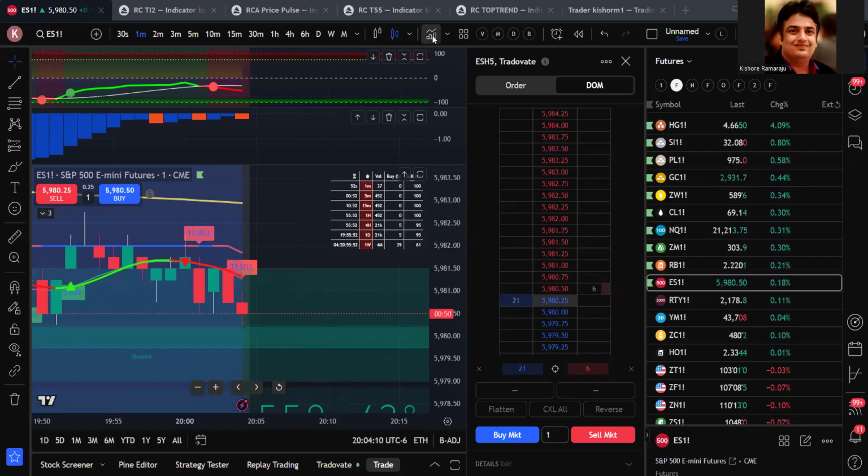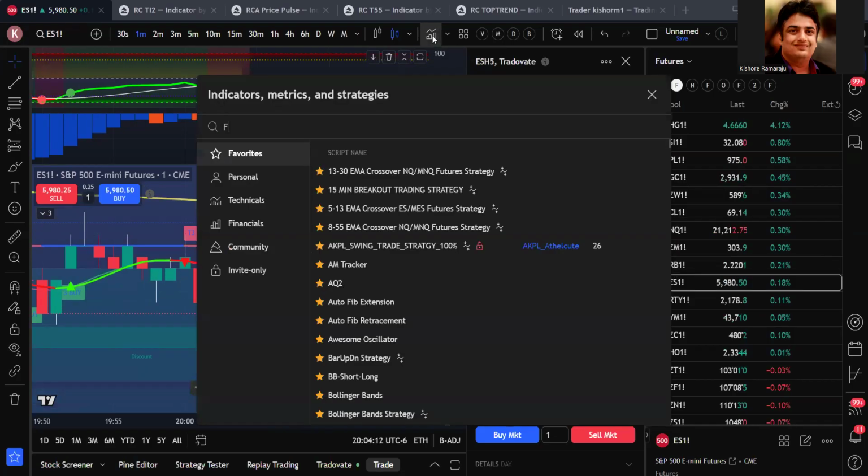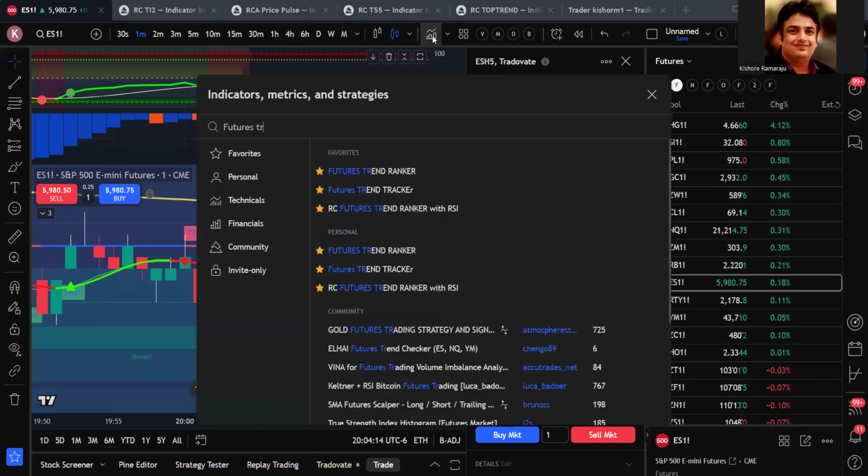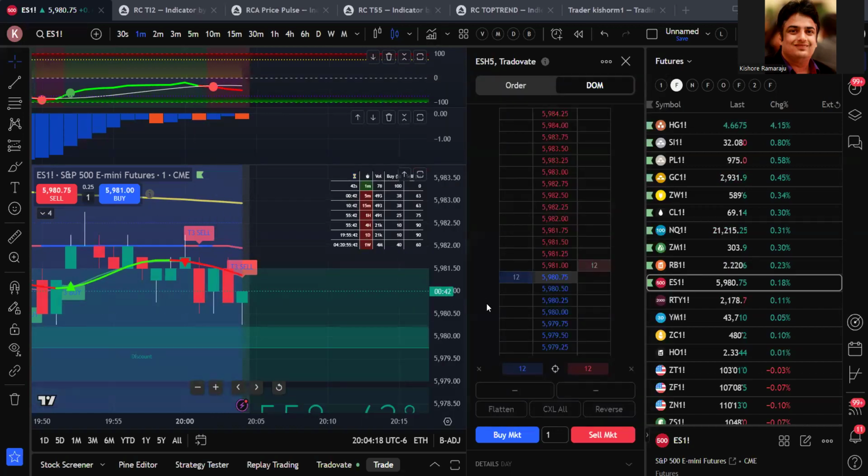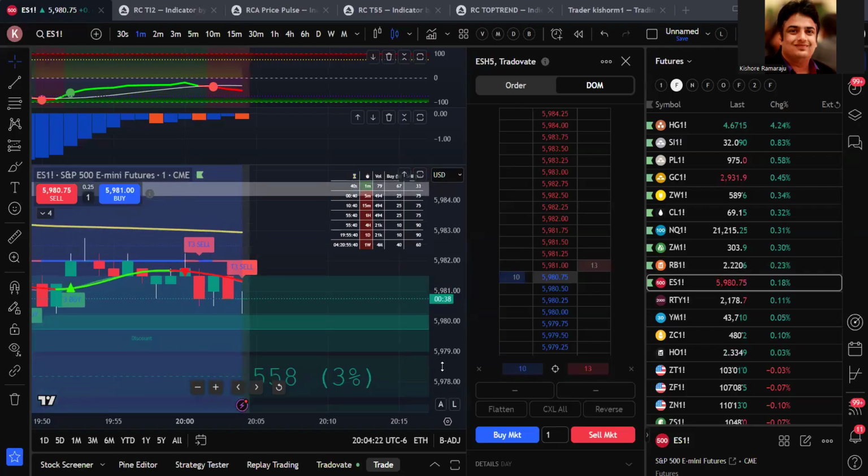One is we have something called as futures trend ranker. We can go to the tool and we can identify which ones are looking bullish, which are looking bearish. That is one way.